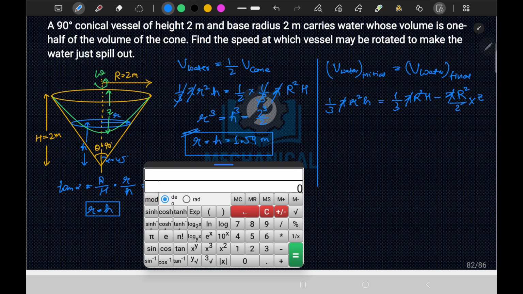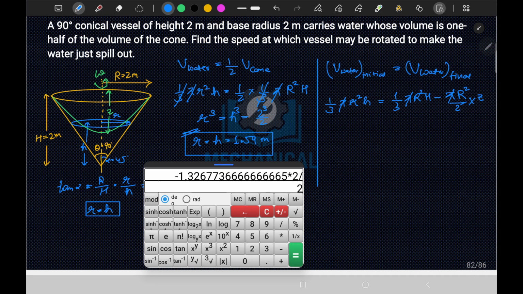Now r h square, that is 1.59 cube, divided by 3, minus 2 cube divided by 3, and multiplied by 2 divided by r square.